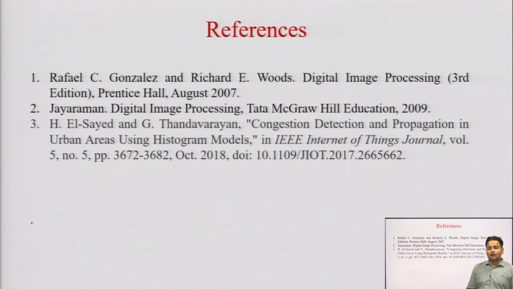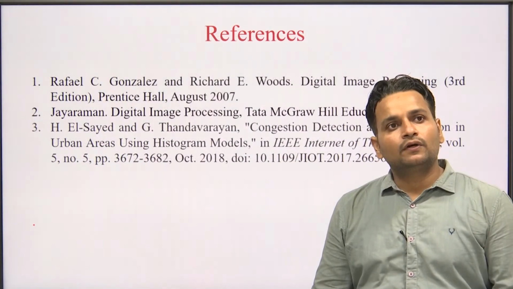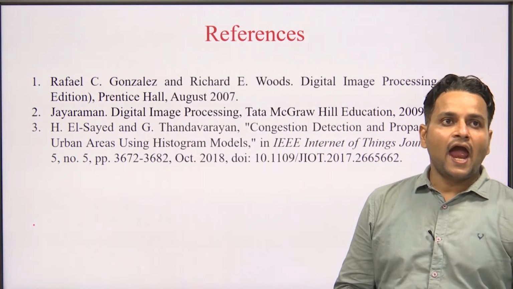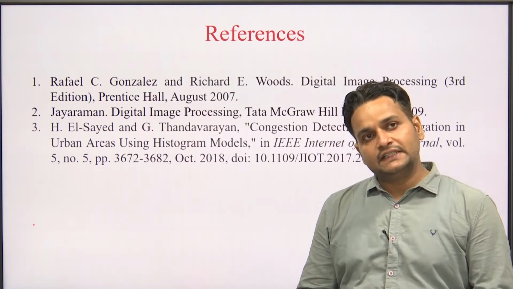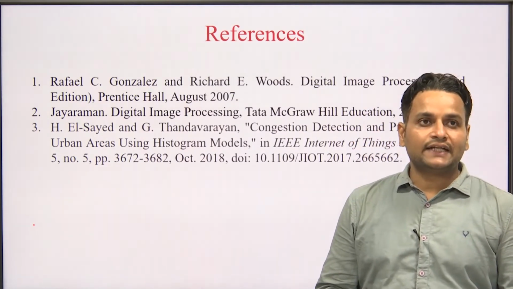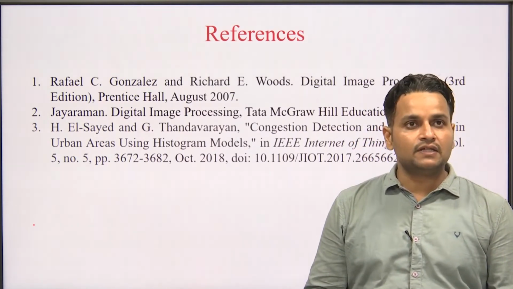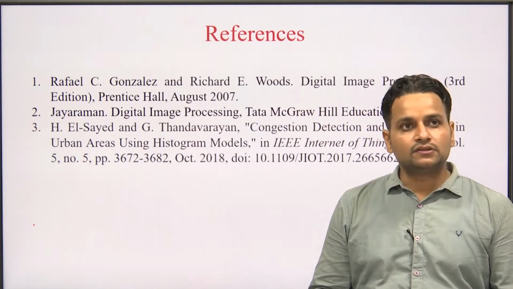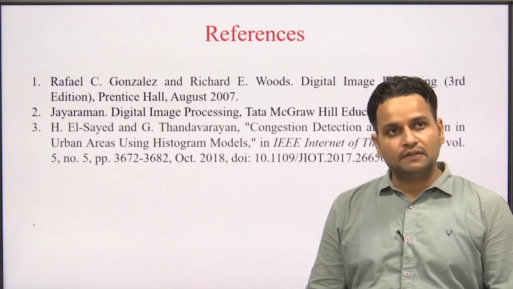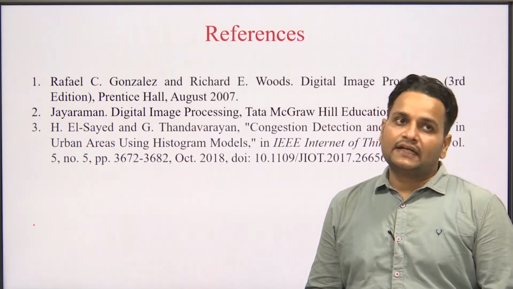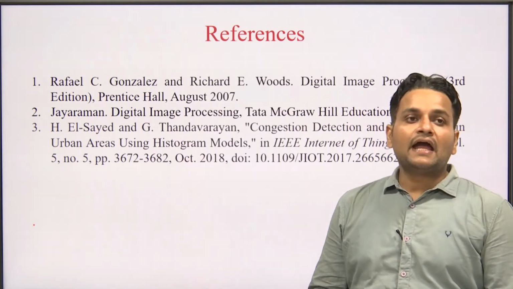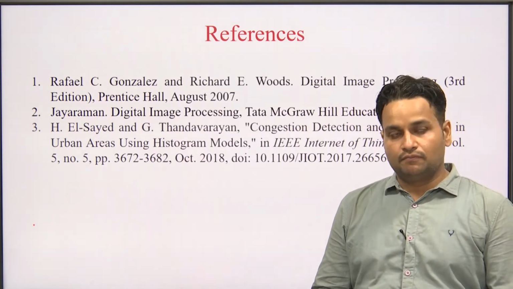Now, if we talk about references for this kind of information, the first book is by Rafael C. Gonzalez and Richard E. Woods, which is one of the very good books of this subject, and it is also the textbook of Digital Image Processing, 3rd edition, Prentice Hall, published in 2007. And the Jayaraman book is also a very good book, and we have taken this book as a reference.